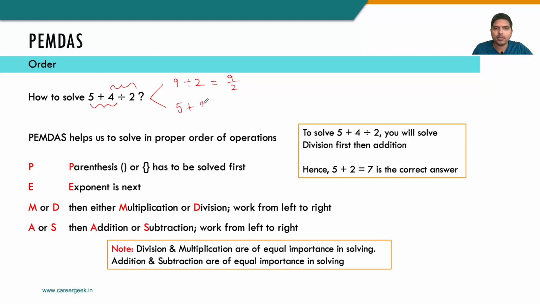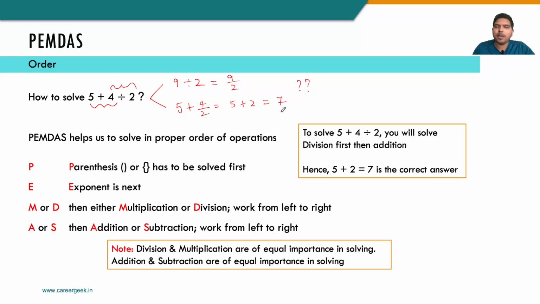So 5 plus 4 divided by 2 is nothing but 5 plus 2, which is 7, right? So which method is correct, or which is the correct order of operations? One of these is true and the other is wrong for sure. So to help with this kind of operation, we need PEMDAS.